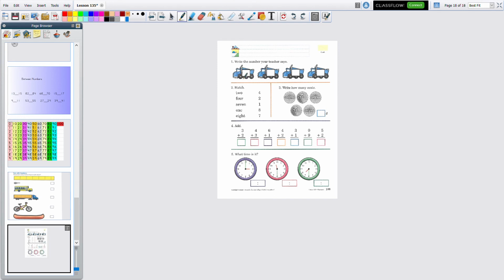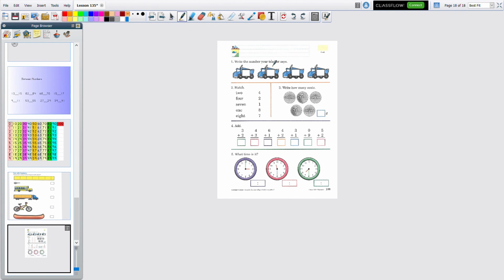In that first dump truck, I want you to write the number, listen carefully, 32. I'll say it again, 32. Let's go to the second one. The second dump truck, now this is in the teens, remember?